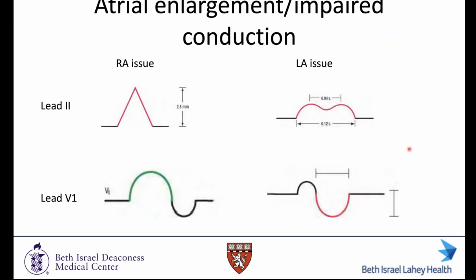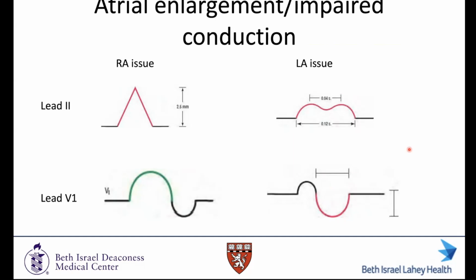Jason, do you want to speak to why we're calling this enlargement slash impaired conduction? You'll hear it called enlargement all the time. The reason we often don't do that here is there have been some studies, a lot of which were done out of former faculty members here, that looked at patients that had these ECG abnormalities and then looked at their echoes, and they don't necessarily have enlarged chambers. Some of them do, but some of them don't. But a better marker of this ECG abnormality is having delayed conduction in the chambers.